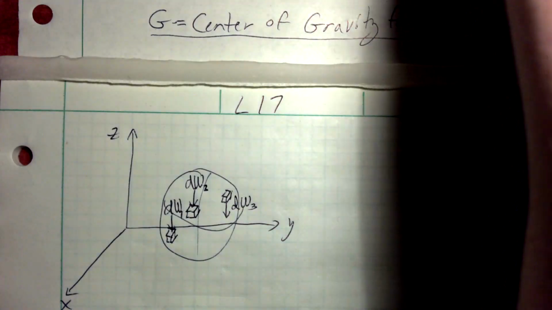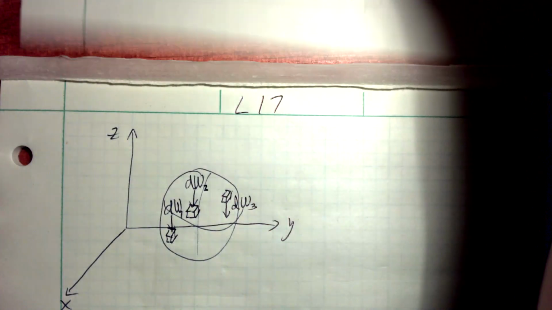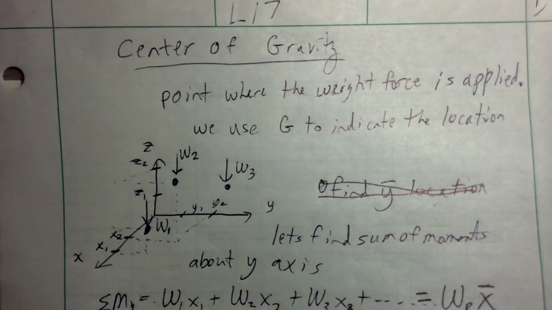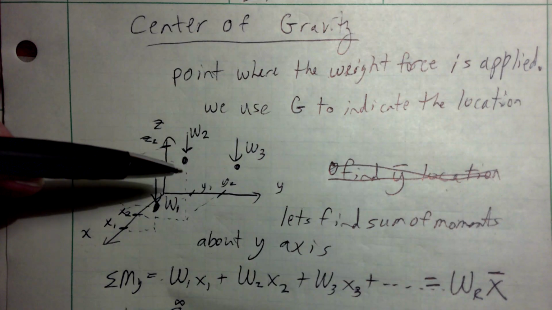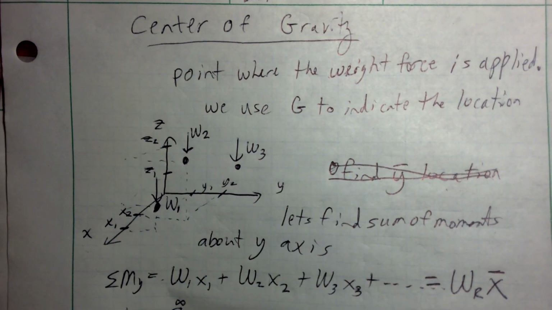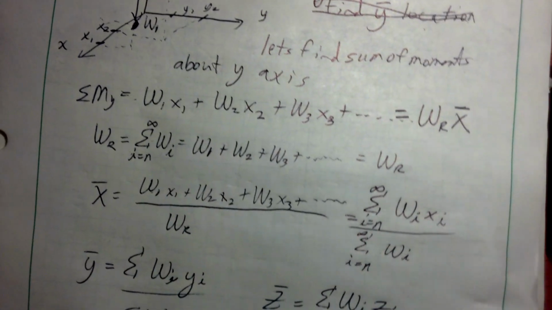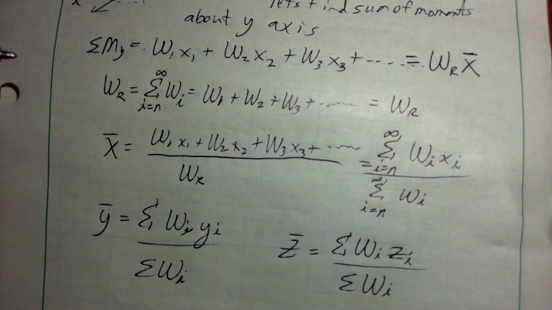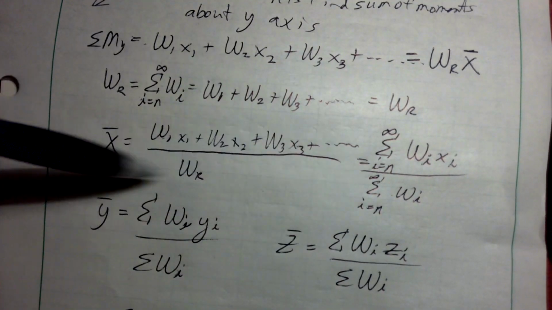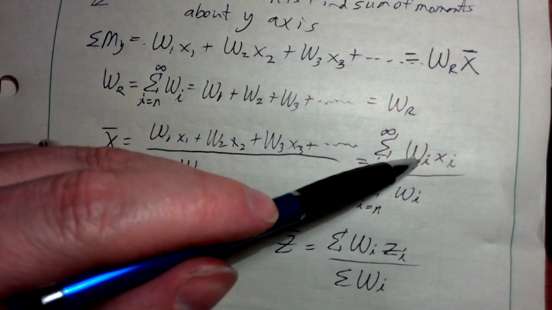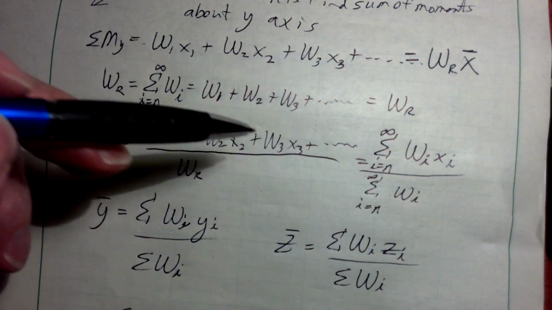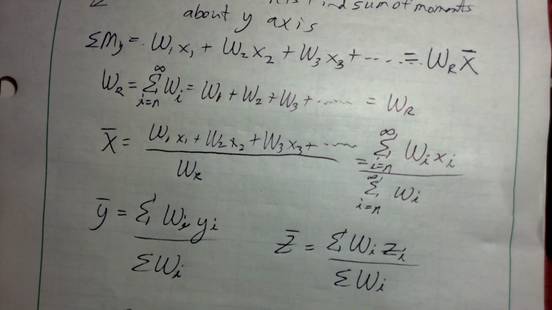I hope maybe you see some parallels to what I did earlier. Remember, how did I do this earlier with points? Well, I found each point's X, Y, and Z location and used that to determine, based on these sums, that X bar is the sum of all the individual weights multiplied by their X locations divided by the sum of all the individual weights.